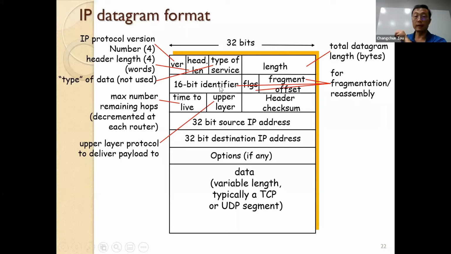This identifier is the ID for this bigger packet, so all the smaller packets have the same ID. Then all the smaller packets have an offset in this bigger packet, so you know which position of the bigger packet each smaller piece is in. So when the host receives all these small pieces, it knows how to assemble them together in the correct order. So that's the usage of fragmentation.